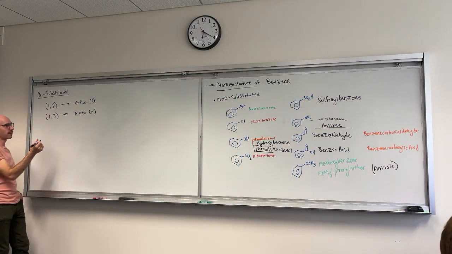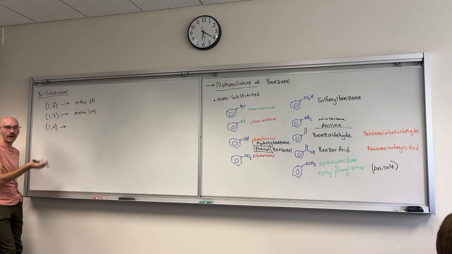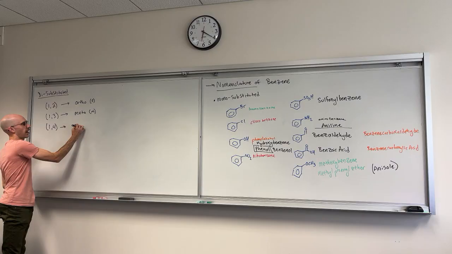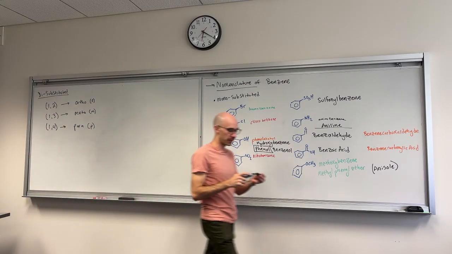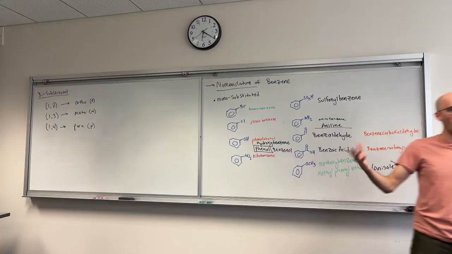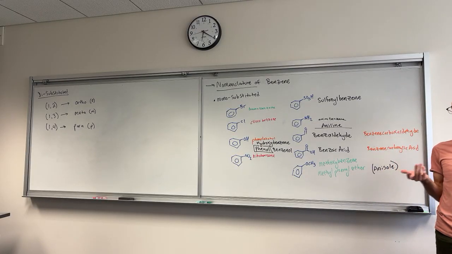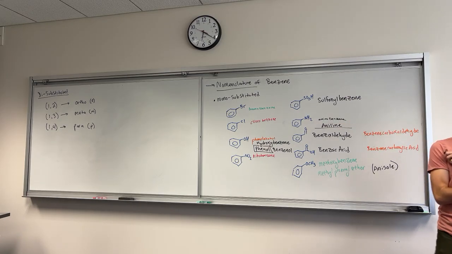But you can abbreviate that with M. And then the only other way to arrange two substituents is 1,4, and we call this para, P. And the reason that I'm giving you ortho O, meta M, para P is because you can use either one. You can use 1,2, ortho, or O.